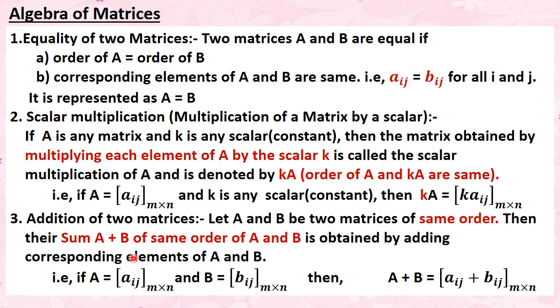That means A11 and B11, A12 and B12, etc. If A equals the matrix [aij] of order m by n and B equals the matrix [bij] of order m by n, then A plus B is equal to the matrix [aij plus bij] of order m by n. Here, to add the matrices A and B, both matrices must have the same order.